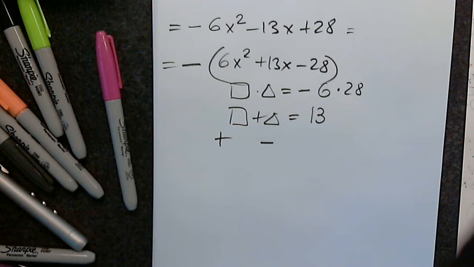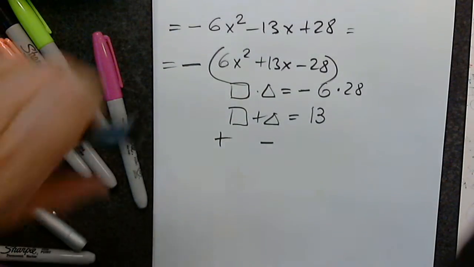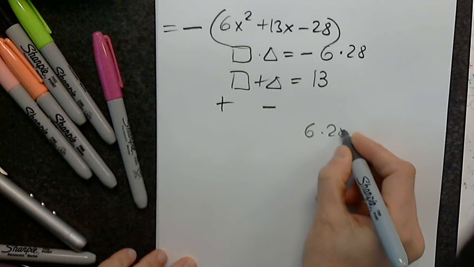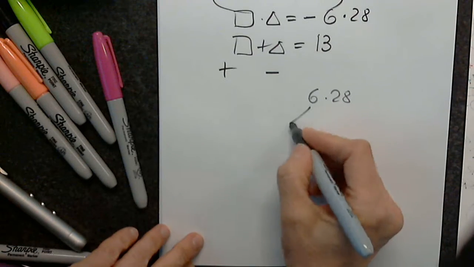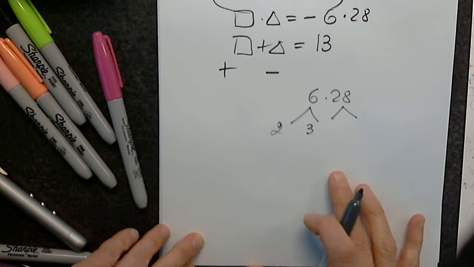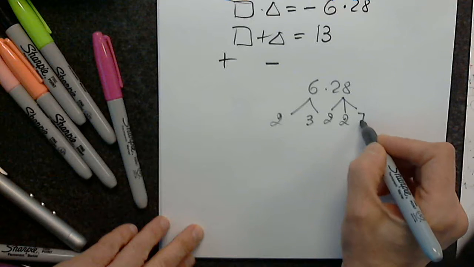6 times 28. I will break it down, as Chris suggested at some point in time, into prime numbers. So I'm looking at 6 times 28. I'll say 6 is 2 times 3. I'll say 28 is 4 times 7, right? Which is 2 times 2 times 7.